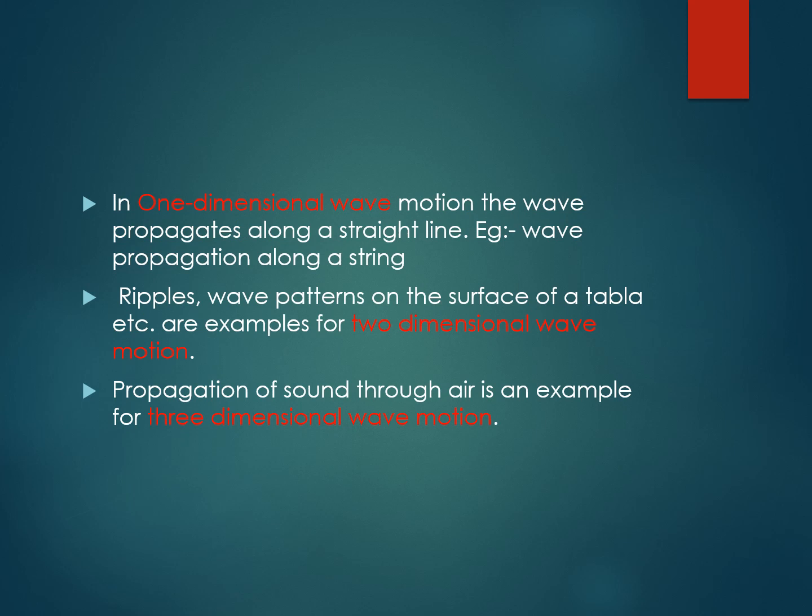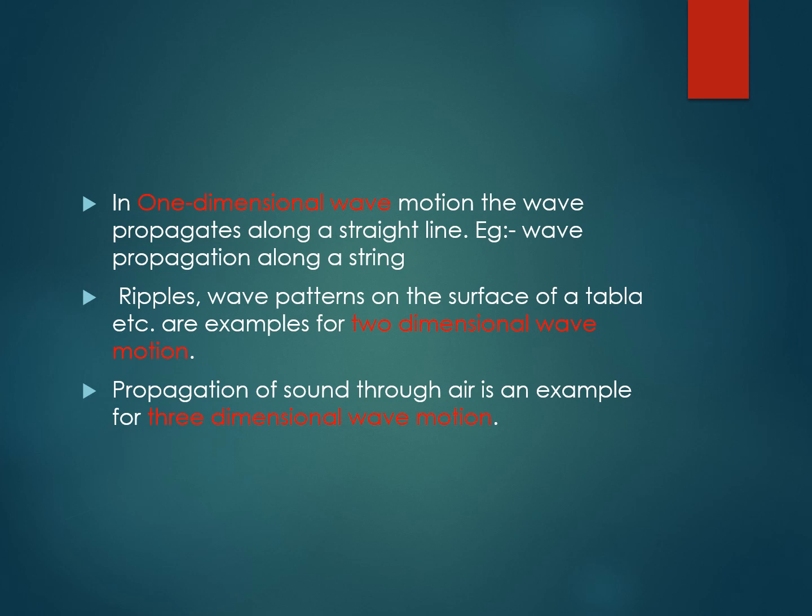Among the different criteria based on which waves are classified, a very important criterion is based on the dimension of propagation. If a wave propagates along a straight line, that is, there is propagation in only one direction, we call it a one-dimensional wave. Example, wave propagation along a string.